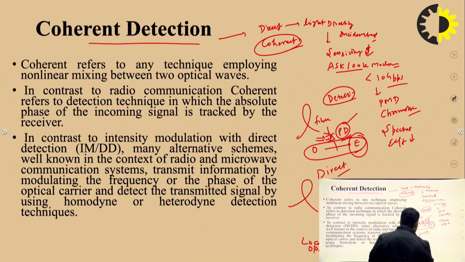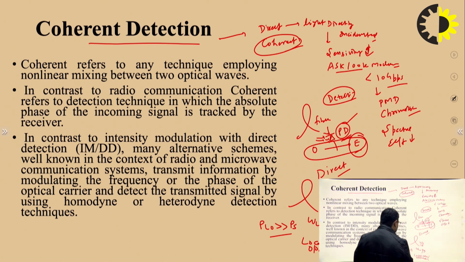Another signal is generated from this local oscillator, that is WL, and we ensure the power of this local oscillator is much greater than the received signal.